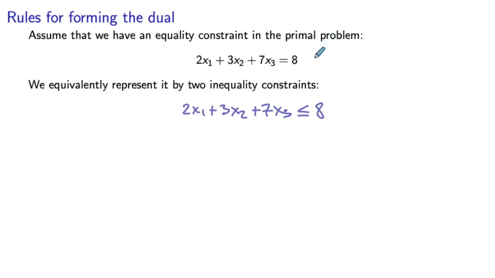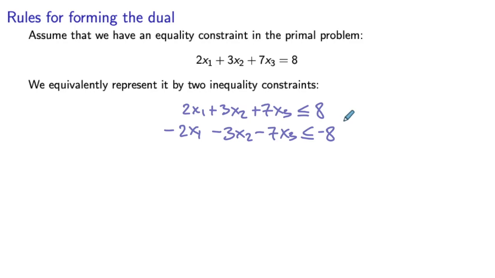Both of these inequalities combined will be equivalent to this equality right here. Then we will convert the greater than or equal to inequality into less than or equal to by multiplying both sides by -1. As a result, we'll have negative 2x1 minus 3x2 minus 7x3 is less than or equal to -8.